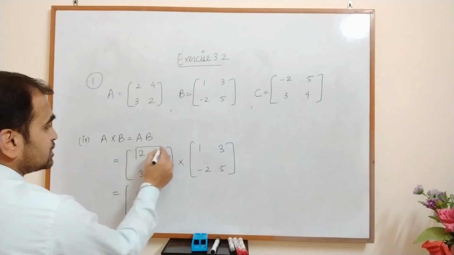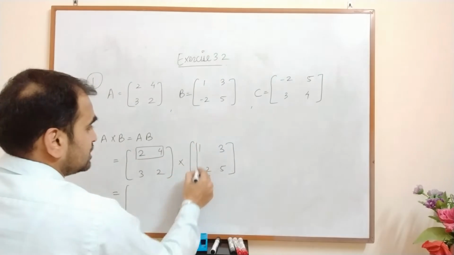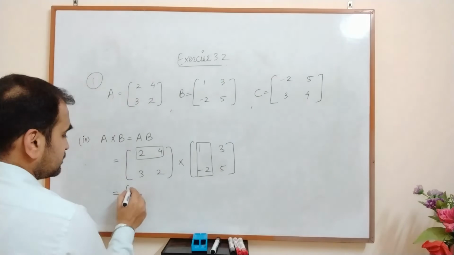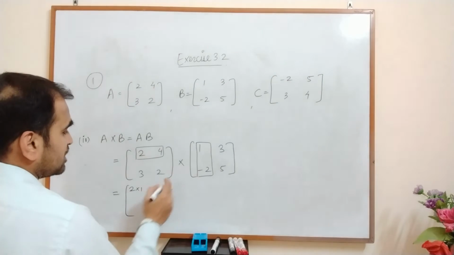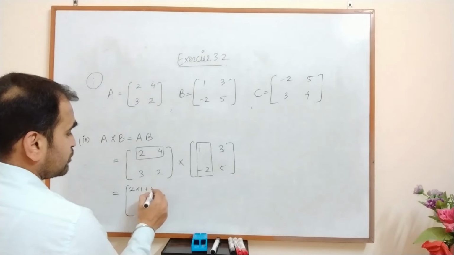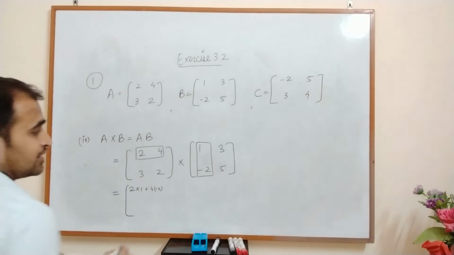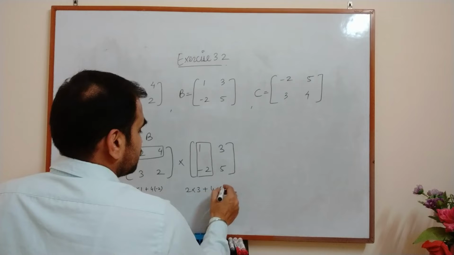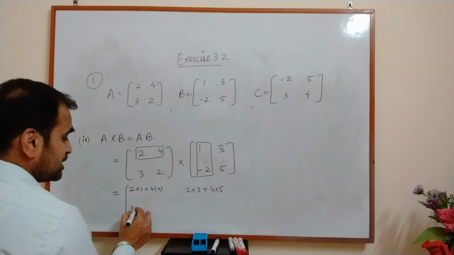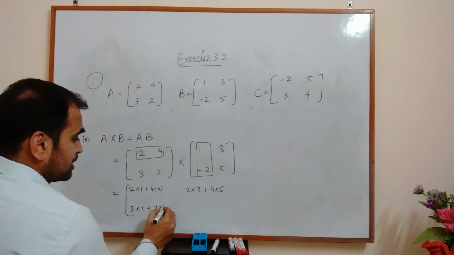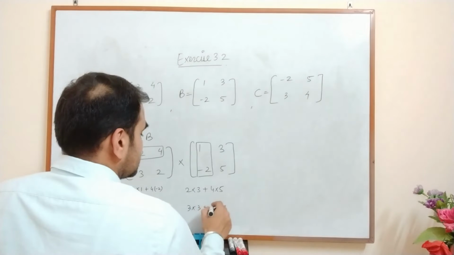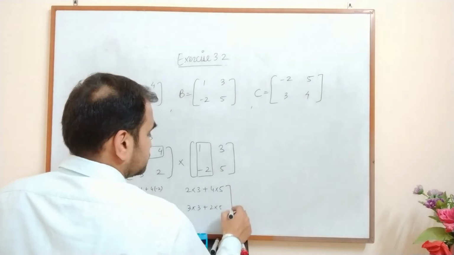You take the elements from the first row and multiply them with the first column elements. So 2 will be multiplied by 1, plus 4 multiplied by minus 2. Then 2 multiplied by 3 plus 4 multiplied by 5. Then 3 multiplied by 1 plus 2 multiplied by minus 2. Then 3 multiplied by 3 plus 2 multiplied by 5.